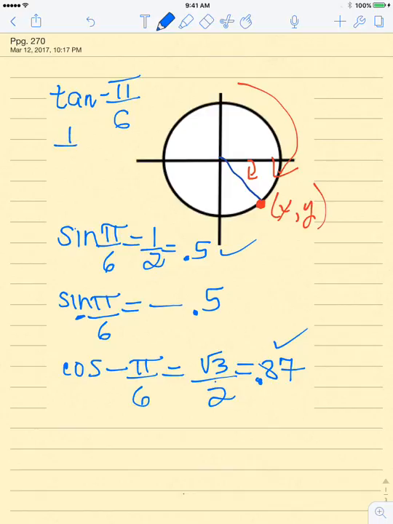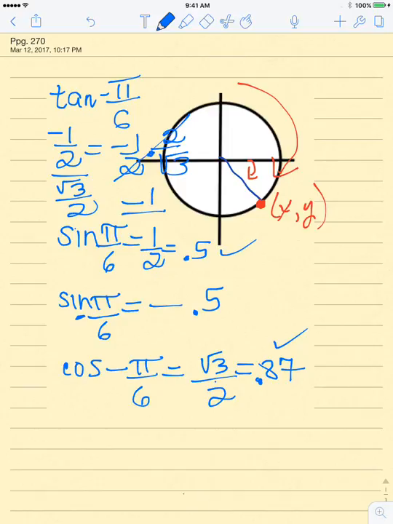So it's negative 1/2 divided by root 3 over 2, which is the same as negative 1/2 times 2 over root 3. And these cancel out, and I'm left with negative 1 over root 3.